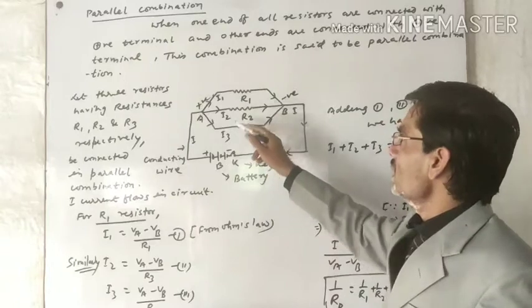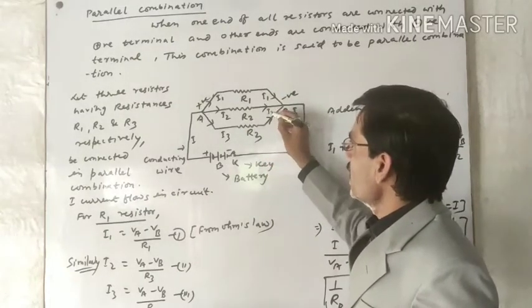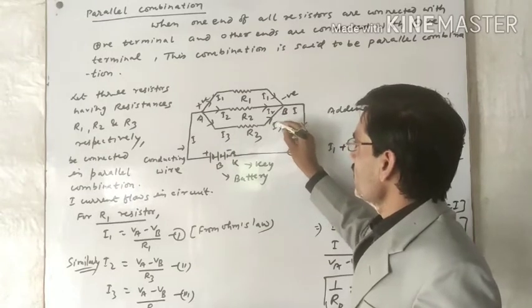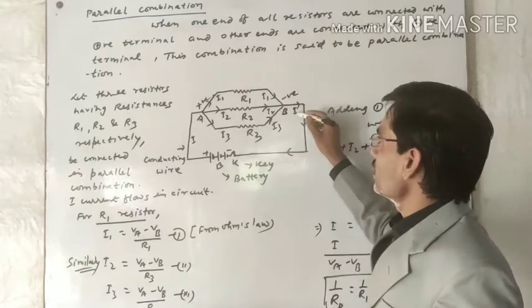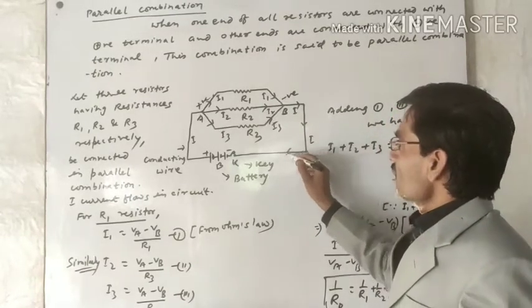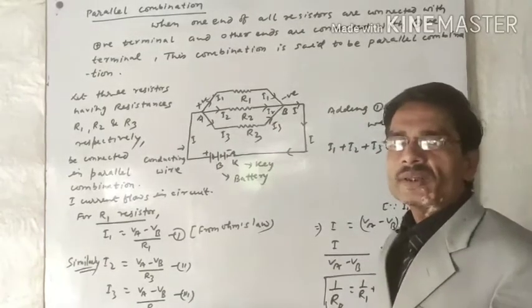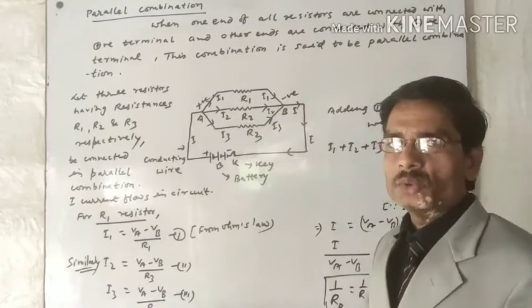Further, these three currents, I1, I2 and I3, combine together and form I. In this way, I1 plus I2 plus I3 equal to I होता है.